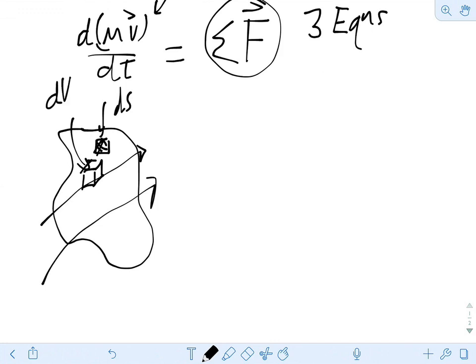And inside here, the fluid, we have a density and a velocity given by the vector in three coordinates. The edge of this control volume has a normal vector that looks like this, n hat. That's a unit normal, which means it's of length 1. It is direction only. It's a vector which provides only direction.